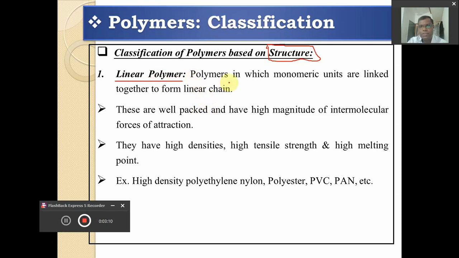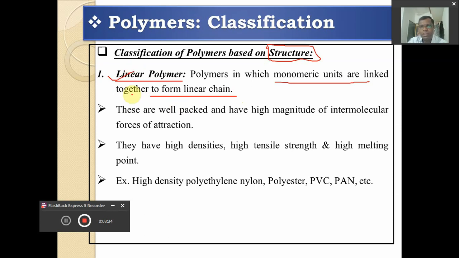Actually, in this type of polymer, the monomeric units are linked together to form a long linear chain. This is very important. If the monomeric units of a polymer are linked together, joined together to form a long chain of polymer, then that polymer is called a linear polymer.